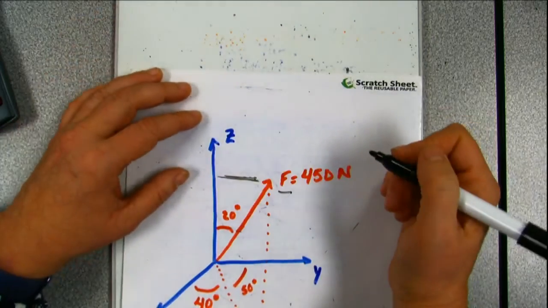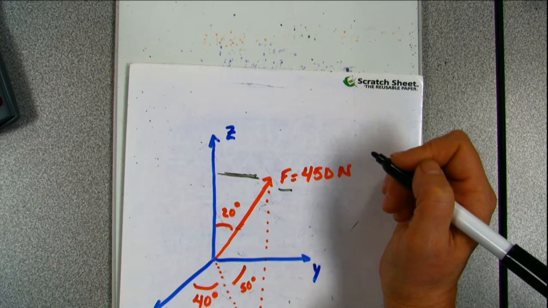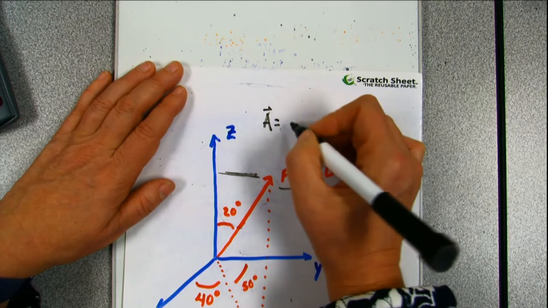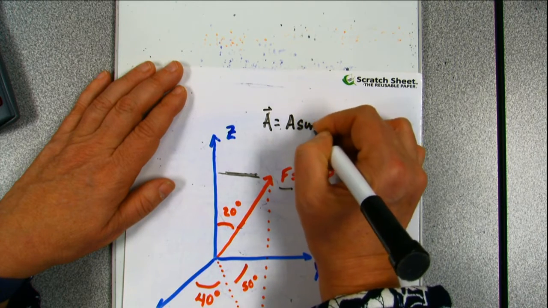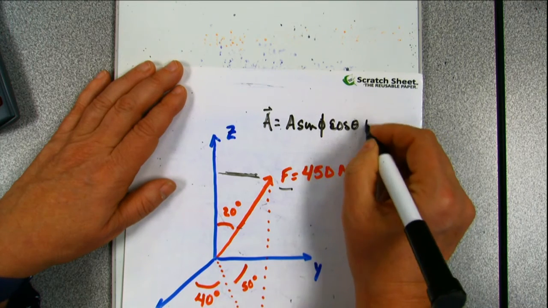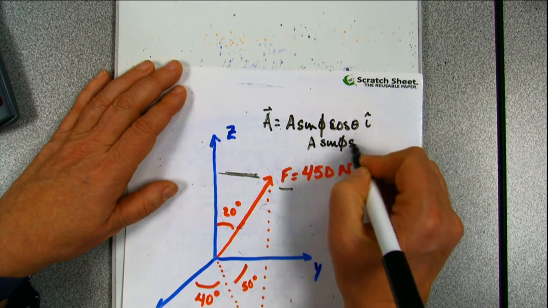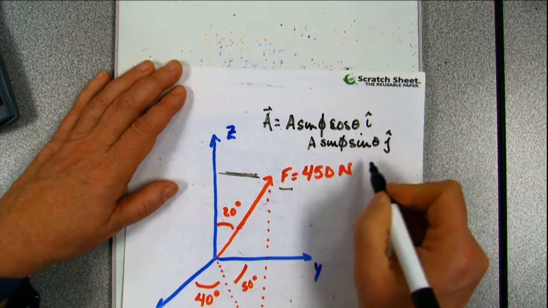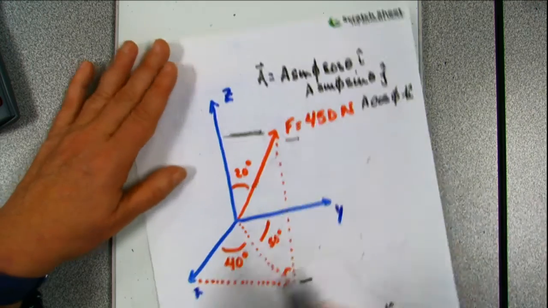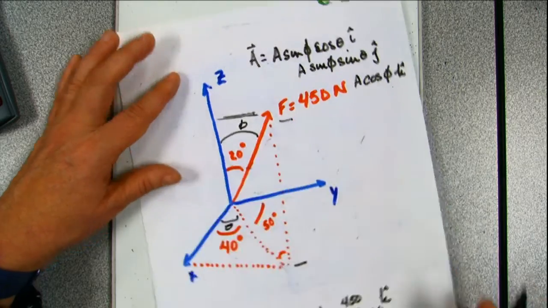Or, if you look at the equation, this one doesn't actually have the numbers on it, that's interesting. In general, A is going to equal A sine of phi cosine of theta in the I direction, A sine of phi sine of theta in the J direction, and A cosine of phi in the K direction, when this is our theta and this is our phi.